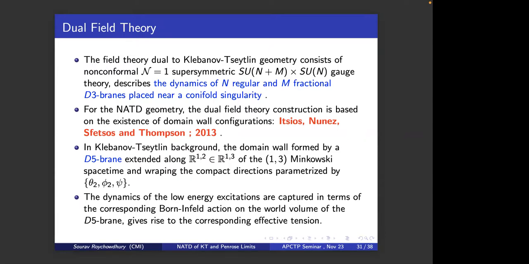However, as I mentioned, the field theory dual for the original type 2B solutions is the non-conformal N equal 1 supersymmetric background with an SU(N+M) times SU(N) gauge theory for large N, M. And this describes the dynamics of N regular D3 branes and M fractional D3 branes, which are the wrapped D5 branes placed near a conical singularity.